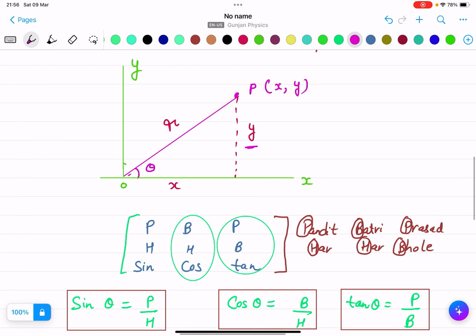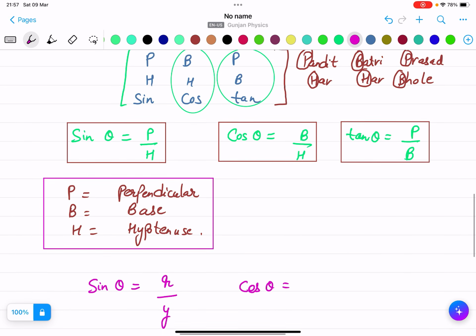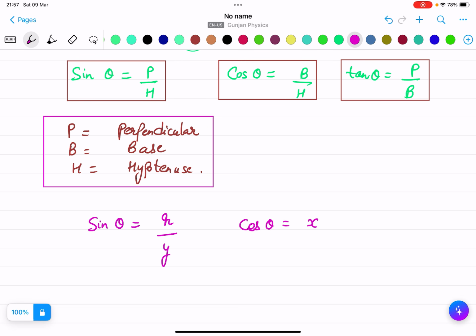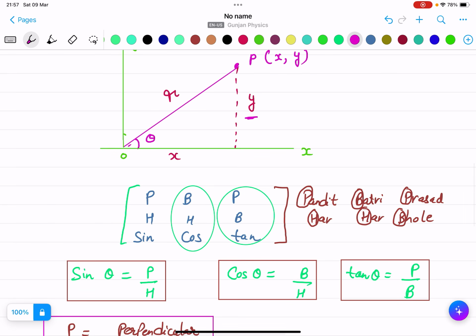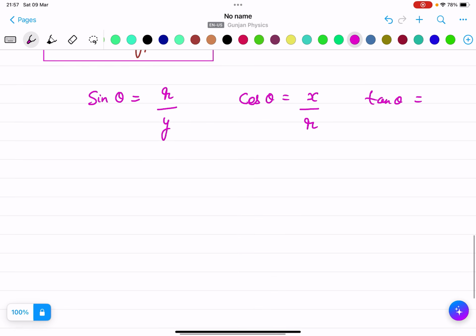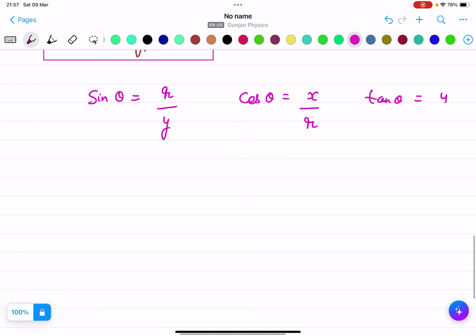Base is x and hypotenuse is r, so cos theta is x upon r. Now what is my tan theta? Perpendicular upon base. Perpendicular is y and base is x, so it will be y upon x.